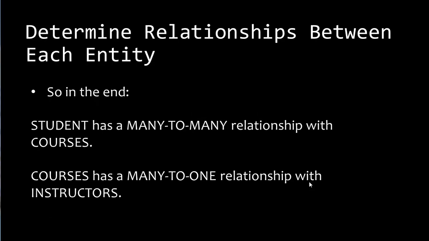So, determining relationships: remember, our relationships are either one-to-one, one-to-many, or many-to-many. One-to-many can be either many-to-one or one-to-many, based upon which entity you put first and second. Students have a many-to-many relationship with courses.